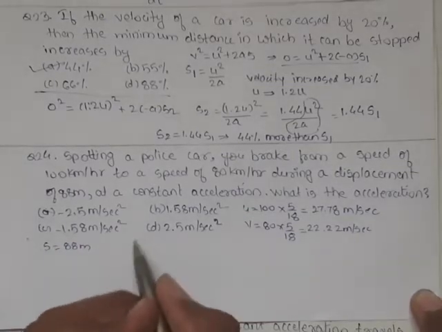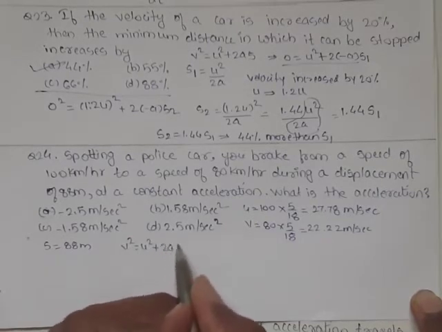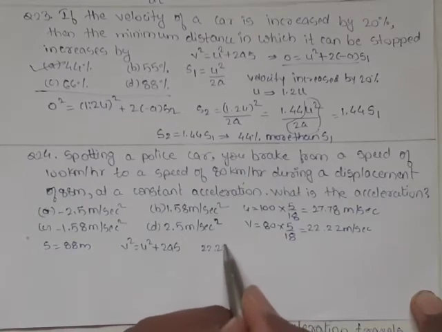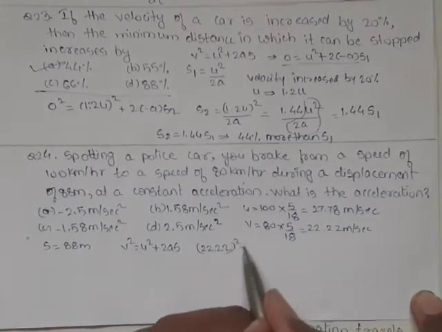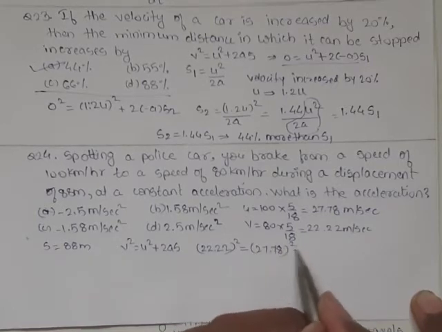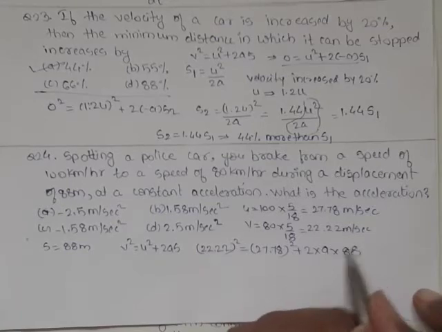Now we'll use our third kinematical equation, v square equal to u square plus 2as. Final velocity is 22.22 square, initial velocity is 27.78 square plus 2 into a into s, which is 88.